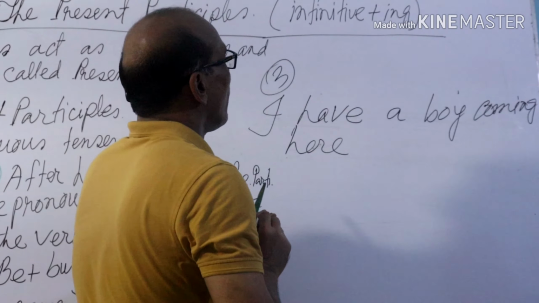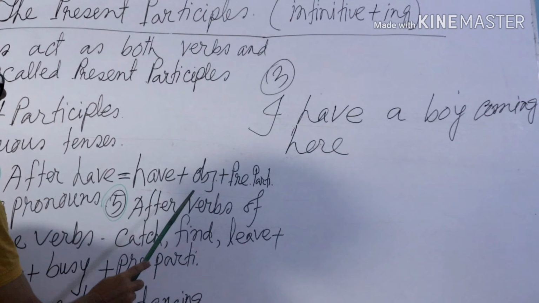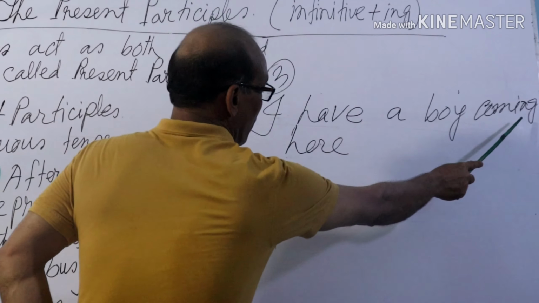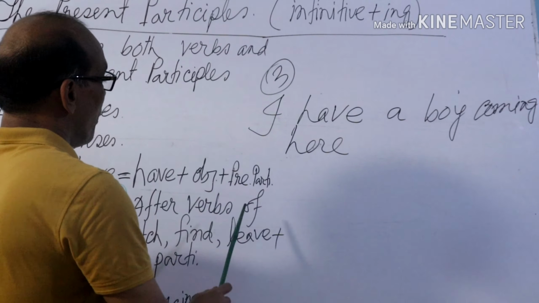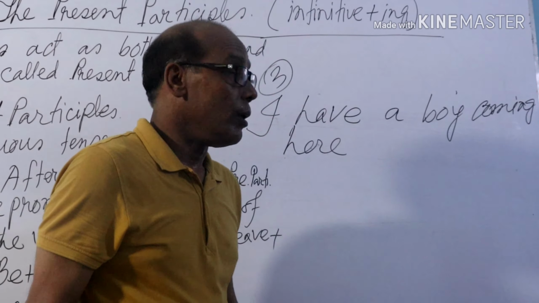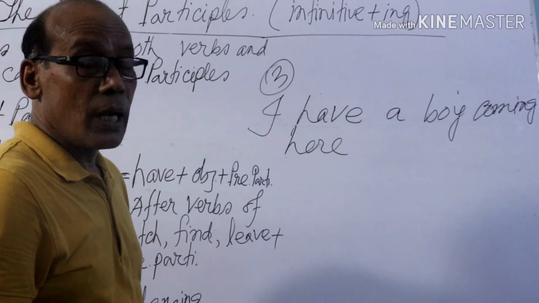I have a boy coming here, you see, have plus object here, a boy is the object here, then coming is the present participle. So in this way we can use the present participle after have.